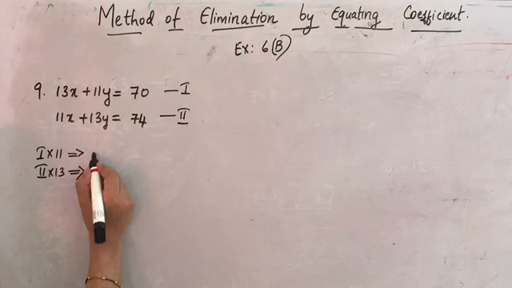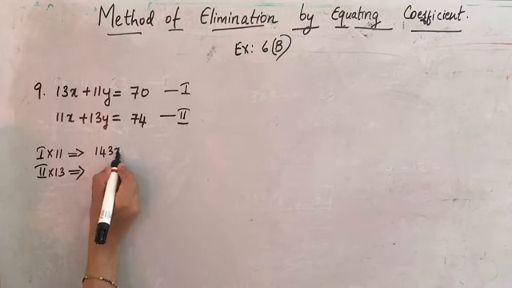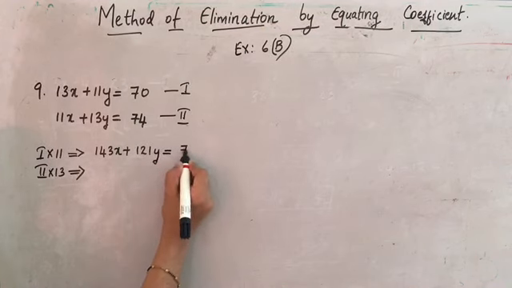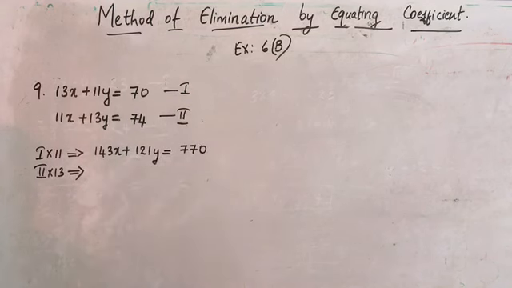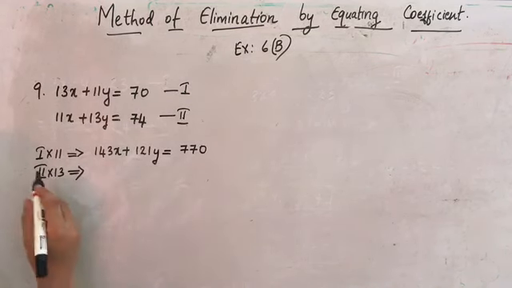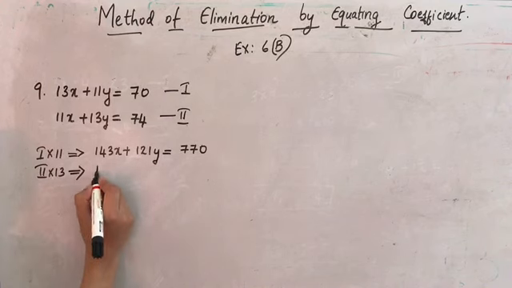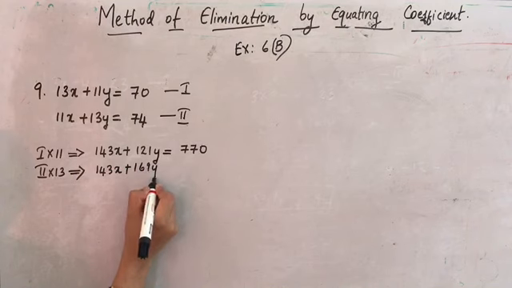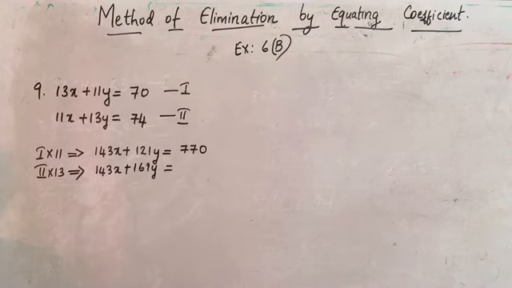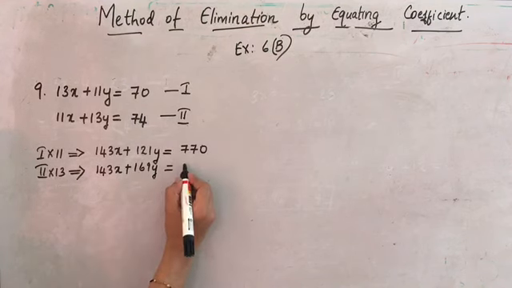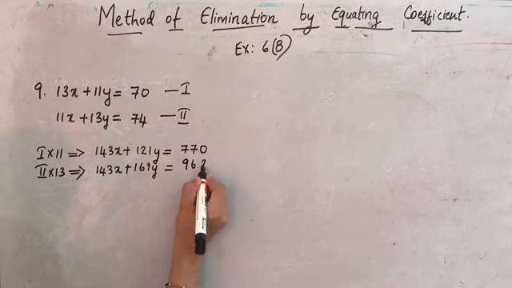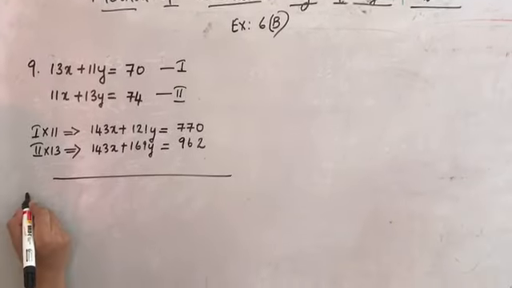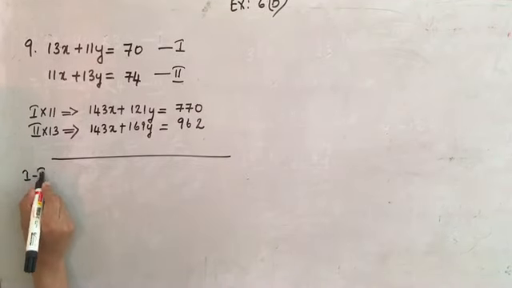13 into 11, you get 143x plus 121y equals 770. 70 into 11. Second equation, 11 into 13. So again 143x plus 13 into 13, you get 169y equals 74 into 13 gives you 962. So here all the signs are positive, so you are subtracting the equations, 1 minus 2.